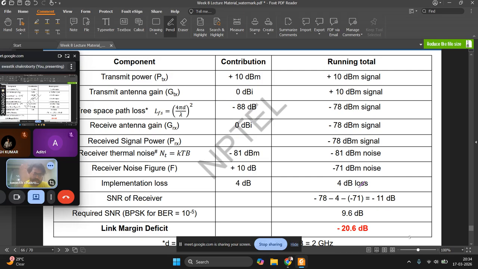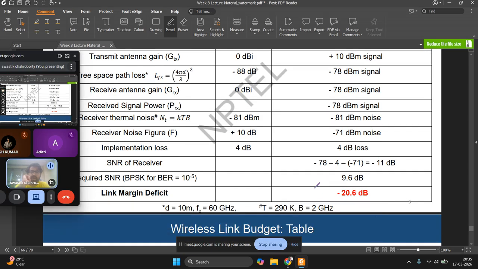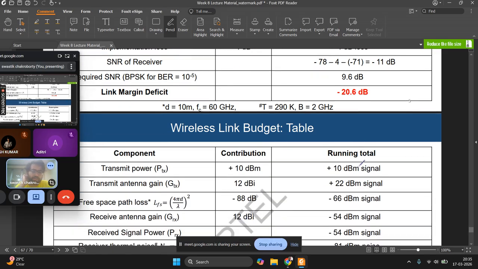So minus 82. Minus 82 minus of minus 71, so you have minus 11 dB SNR, and required SNR is 9.6 dB for communication. So you are way below the required SNR. So you have a deficit of 20.6.